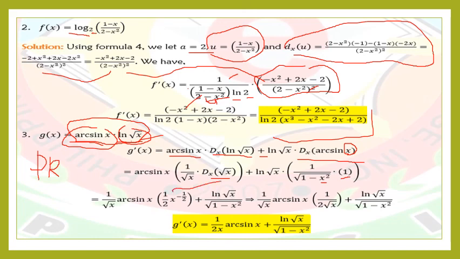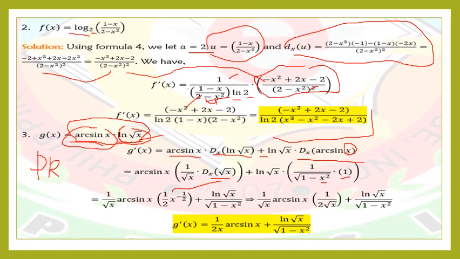Plus, ln of x times this is magiging ln of square root of x rather. Sa denominator niya is the square root of 1 minus x squared. Kasi times natin to sa 1, ito pa rin yung result, diba? Or this is, it implies that 1 over the square root of x times arc sine x. Okay, simplify natin to, magiging 1 over 2 square root of x.